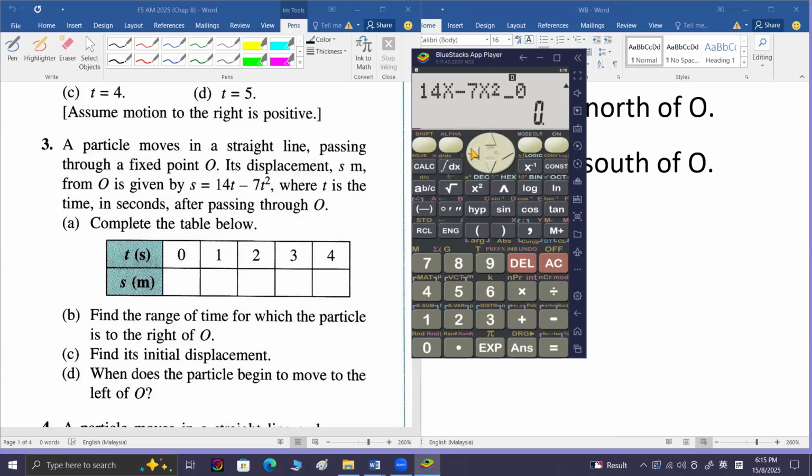Sometimes this calculator a bit problem. So you go calculation, 0 equal. Then you get 0, okay? Next, 1. So you go calculation, 1 equal. Okay, you get 7. Calculation, 2 equal. You get 2. Calculation, 3 equal.